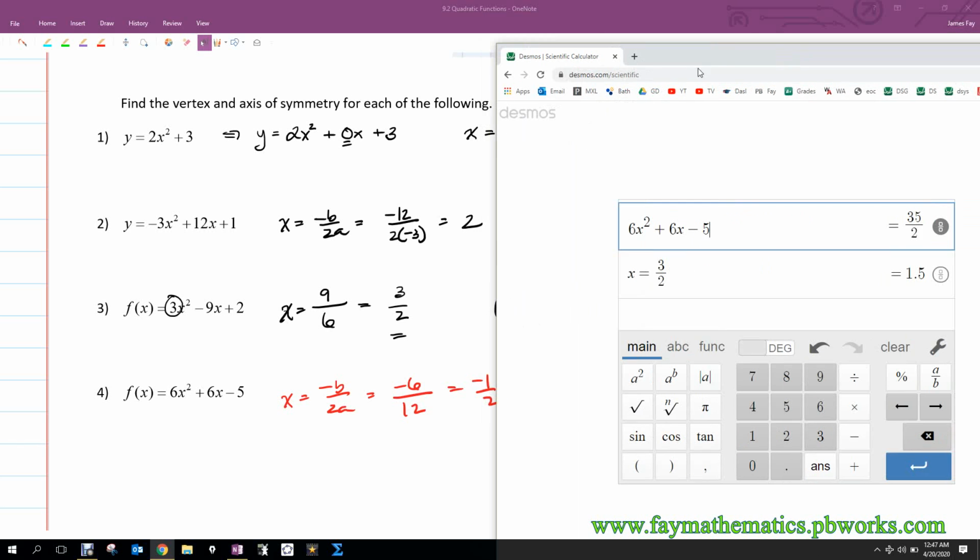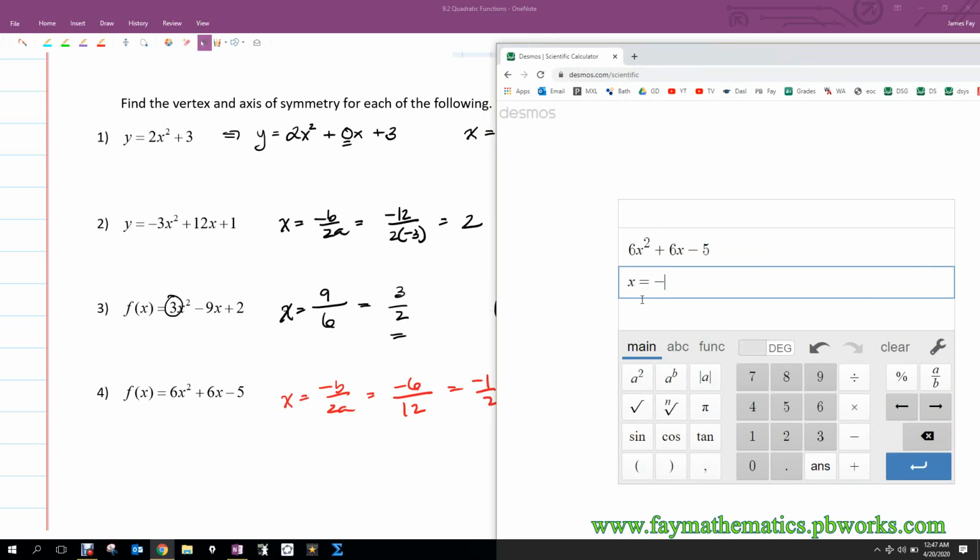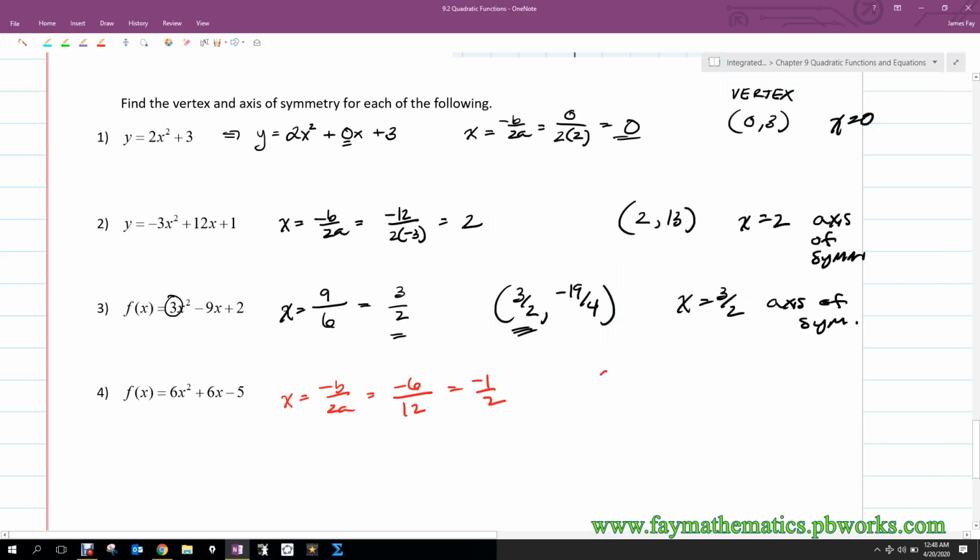We got negative 1/2. Just plug in x to be negative 1/2. And we get our y value to evaluate to negative 13 halves. So negative 1/2, negative 13 halves. Axis of symmetry, x equals negative 1/2.